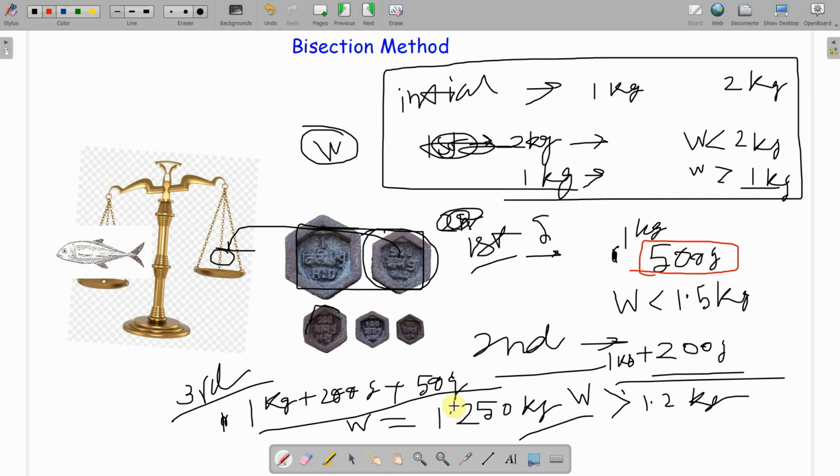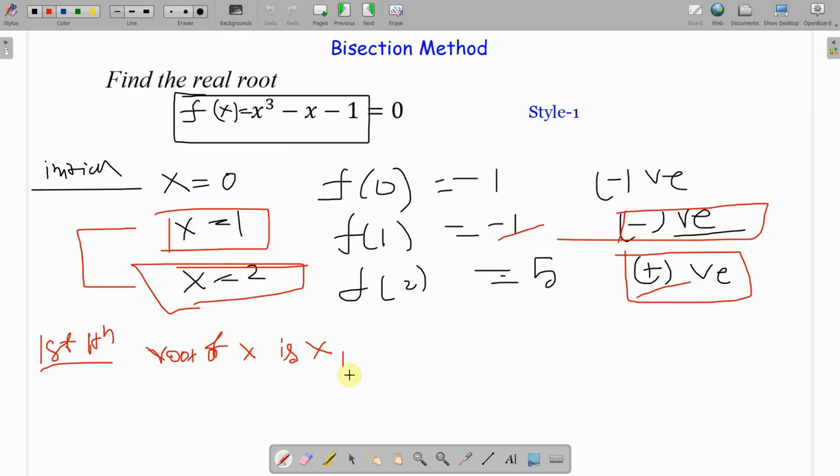In our practical life we have an idea of what the weight could be, but for the bisection method you don't know what the root would be.